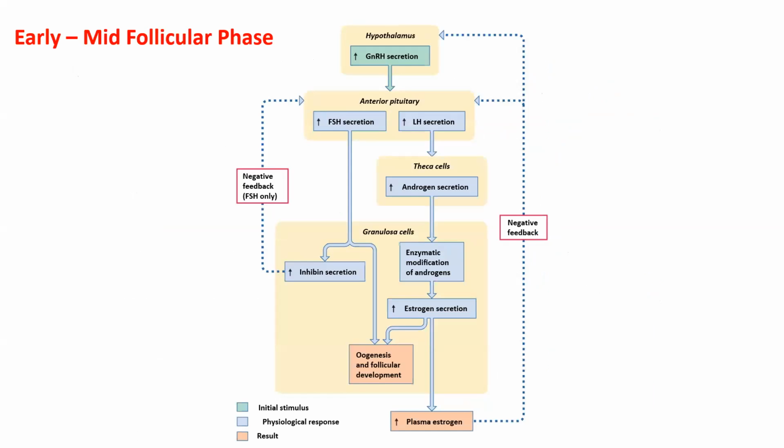So let's look at the various parts of the uterine cycle here. We'll look at the early to mid follicular phase, and let's look at the feedback loops that are taking place. So whereas with the males, and I like to point this out, when we look at the males, we drew one feedback loop, right?